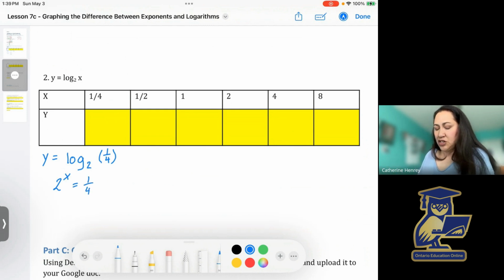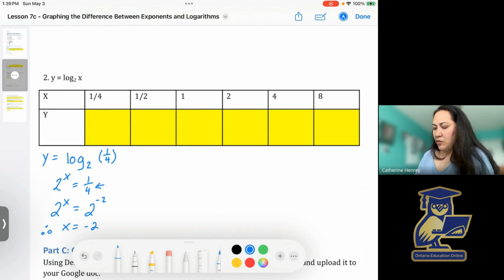So we change it from logarithmic form back to exponential form so we can work with this. We change the one side so it has a base of 2, and this is equal to base 2 to the power of negative 2, and then therefore x has to equal negative 2.